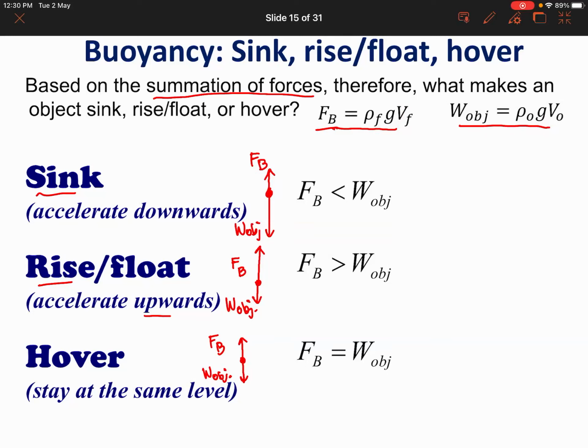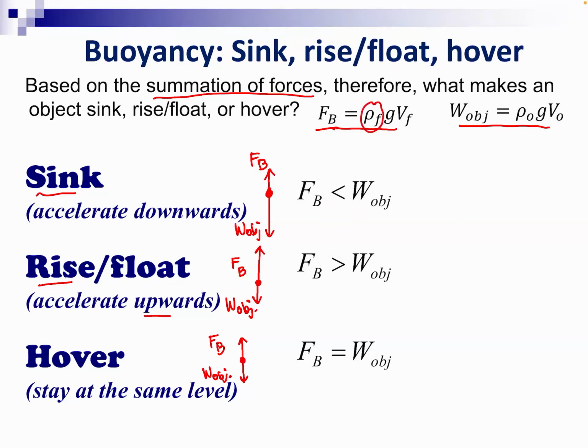So aside from comparing the buoyancy force and the weight forces, we can compare the density of the object relative to the fluid to determine whether the object will sink, rise, or float. So it follows, therefore, that if the density of the fluid is less than the density of the object, the object will sink.